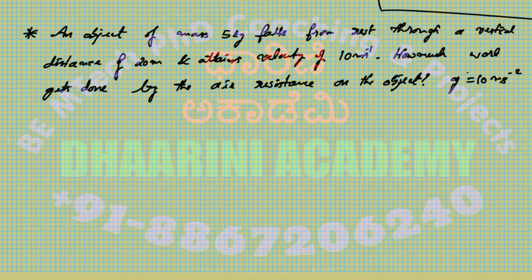One work is its mass into the gravitational force, because of the gravitational force we have one work done. And the second work done is the work done by the air resistance. Together they should be equal to the change in the kinetic energy, half mv square. So we can write one equation.